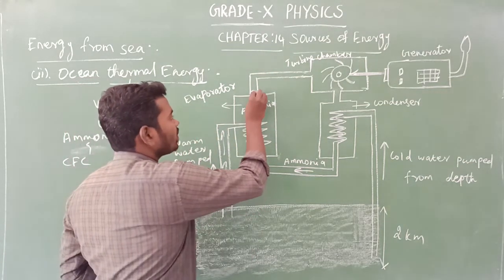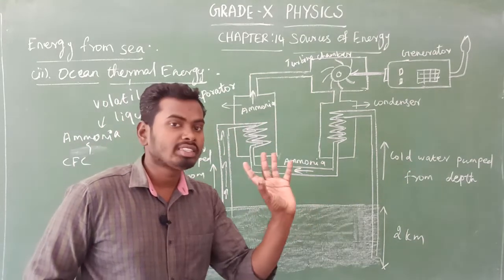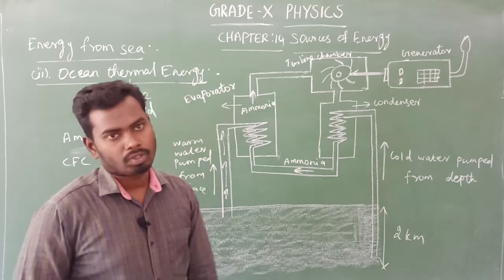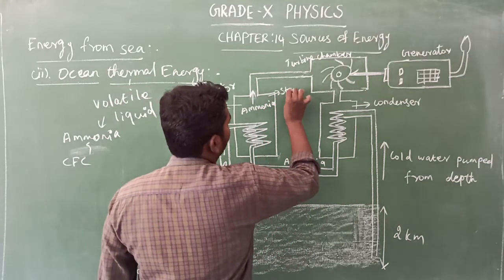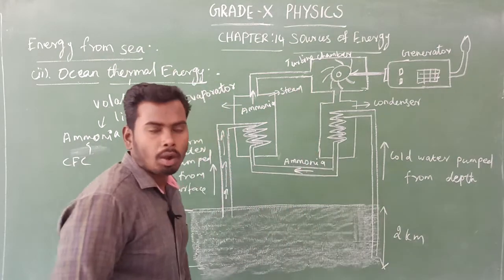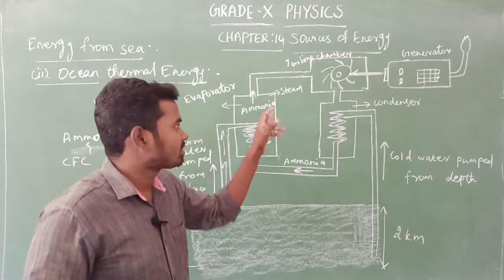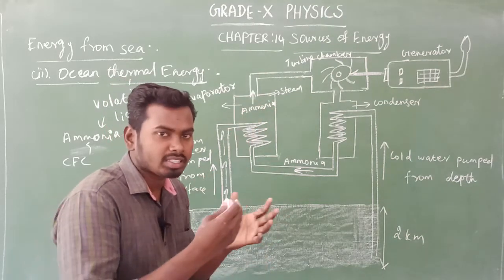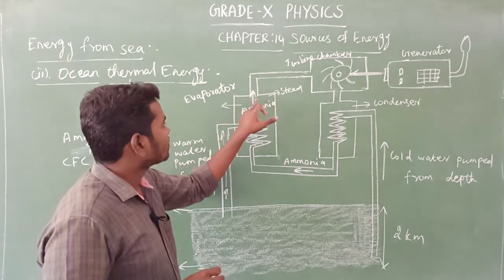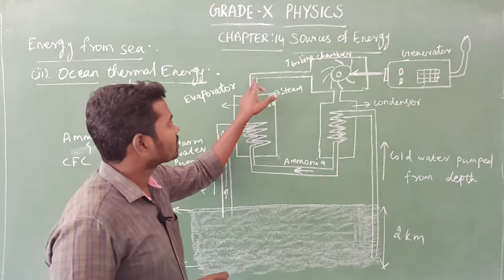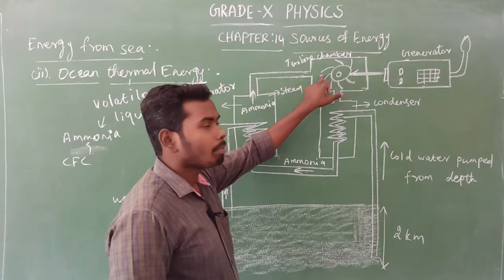So the liquid form of ammonia changes into steam, which means vaporized ammonia. As the pressure increases inside this evaporator, this high pressure ammonia passes through the pipe to the turbine chamber.